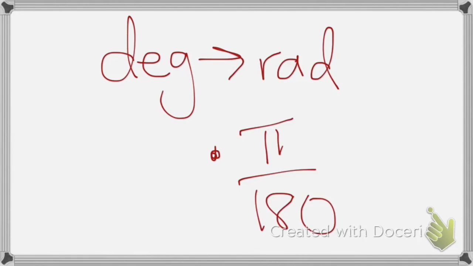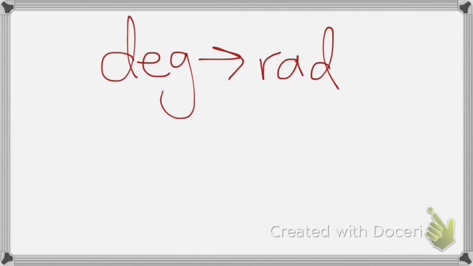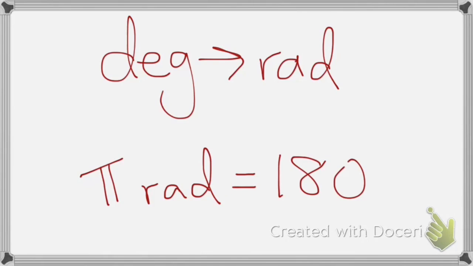Alright, the next important part of this is that pi radians is equal to 180 degrees.